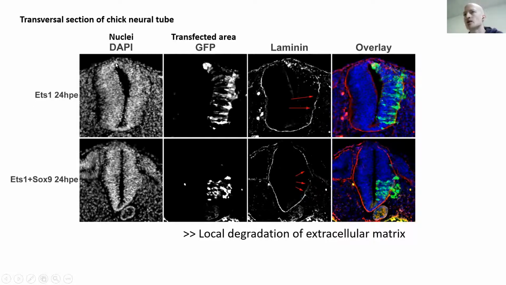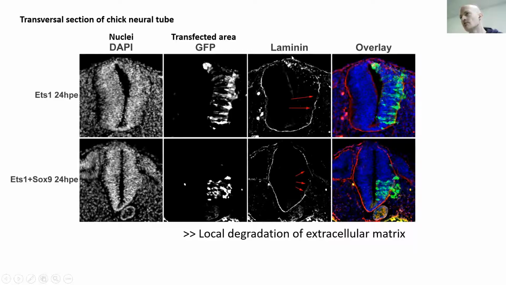The first image, the DAPI picture, shows all the nuclei in that tissue. You can see in the neural tube in the middle that it's a very densely packed tissue with hundreds of cells on top of each other. The second image, the GFP, is the area where the gene was electroporated. All these white cells have received ETS1, and the ones on the left side have not, so that's the internal control.